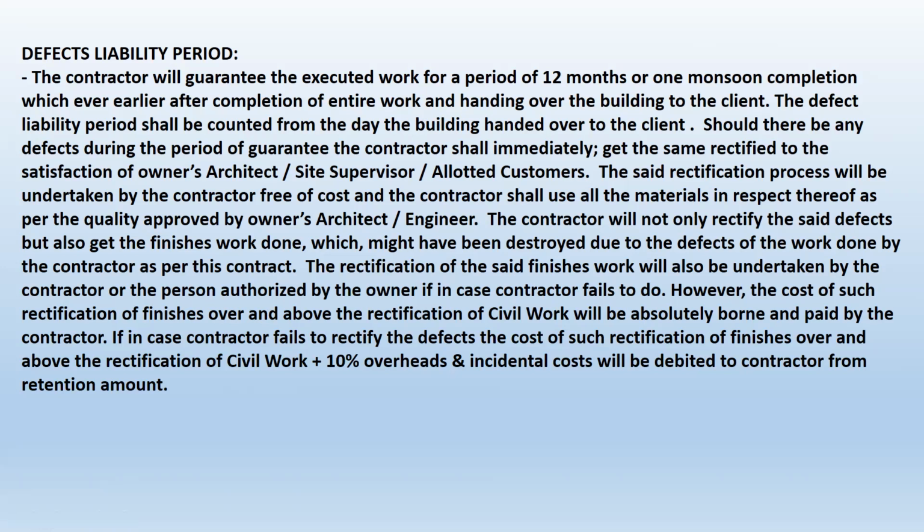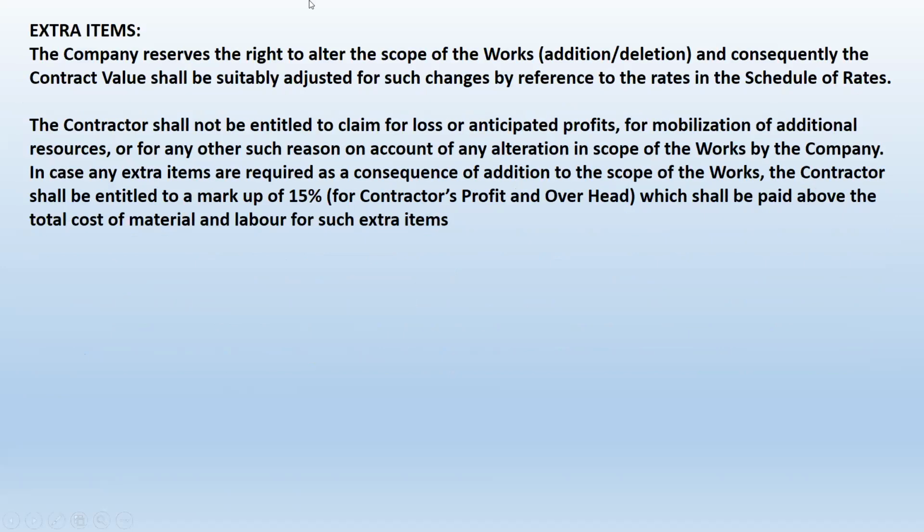You also have to mention that if the contractor fails to adhere and rectify in the particular period, the client has a right to get it rectified and charge actual plus 10%, and the same should be debited to the contractor. This is a clause you can add.